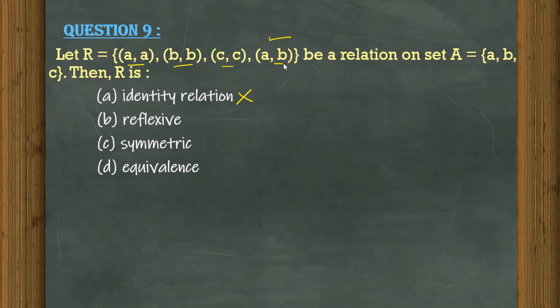As (A,B) is there, (B,A) is not there, it is not symmetric. As it is not symmetric, it is not equivalence relation. So one option is there, reflexive, and we know that all equal ordered pairs with some extra ordered pair can be reflexive. So our option is reflexive, option B.